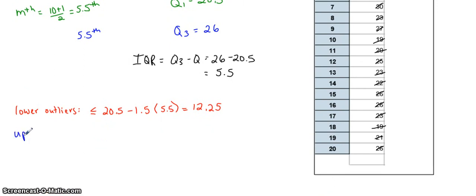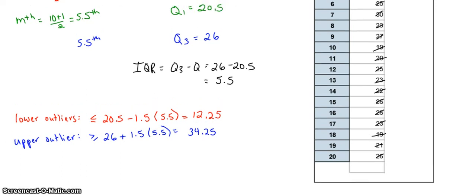For your upper outlier, it's anything greater than or equal to Q3 plus 1.5 times the interquartile range. And that calculation is equal to 34.25.